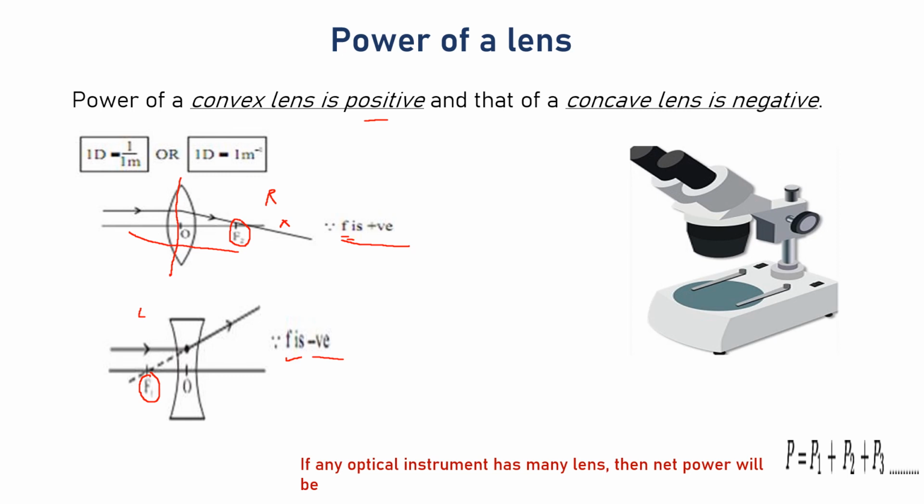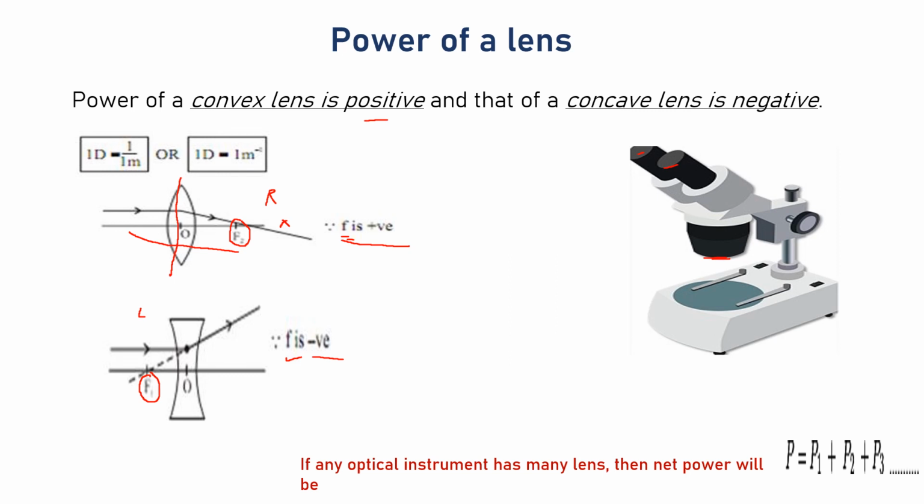Now if any optical instrument has many lenses, I have shown one optical instrument here. I think you can identify this. What is this, children? Microscope, right? There is a lens over here, and there is a lens over here also, right? So why are we using two lenses here? Very conceptual question. If you are using more than one lens, 2, 3, 4 lenses, you are going to get a sharper image.